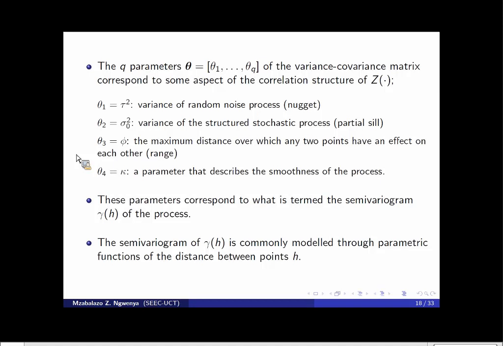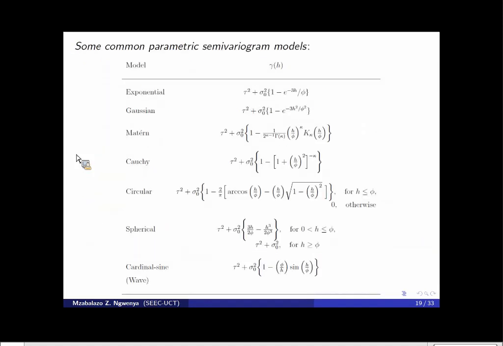So these parameters of our semi-variograms can be modeled, and we've got parametric models for this. Here are some of the most common parametric models of the semi-variogram. Remember that these are functions of the distance between any 2 points, because we want them to characterize how any 2 points vary given their distance.